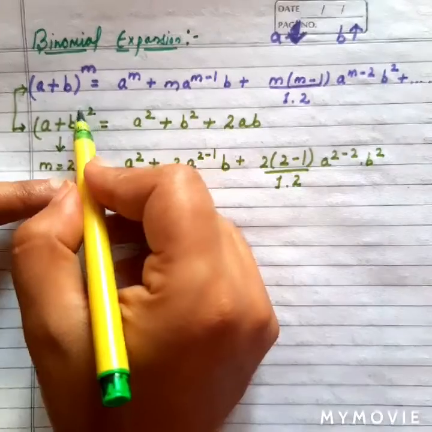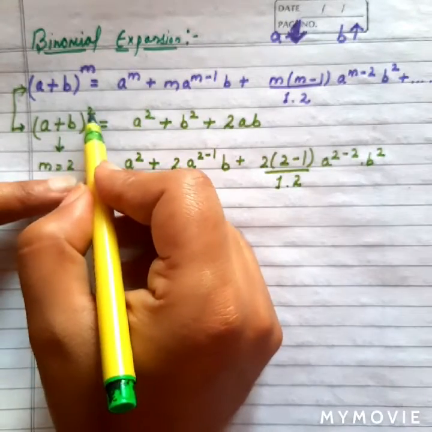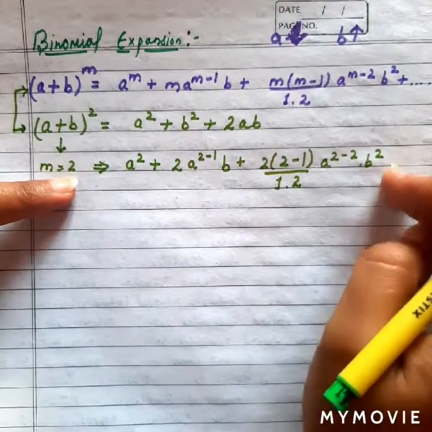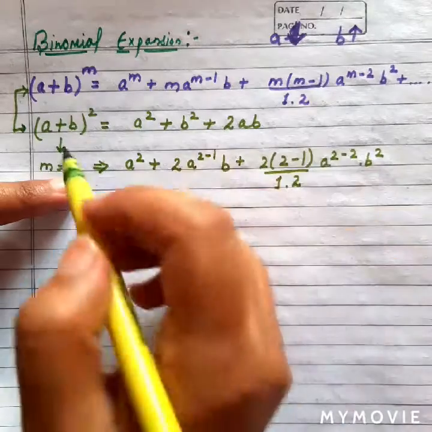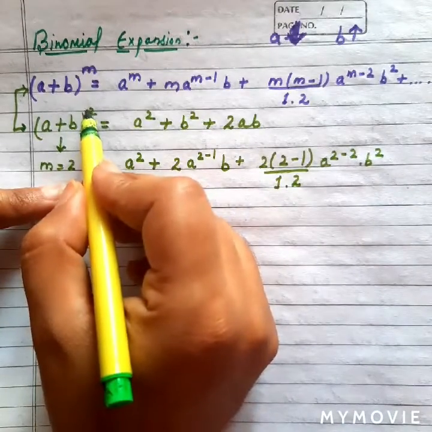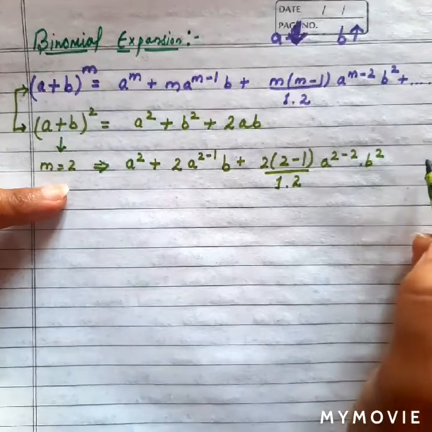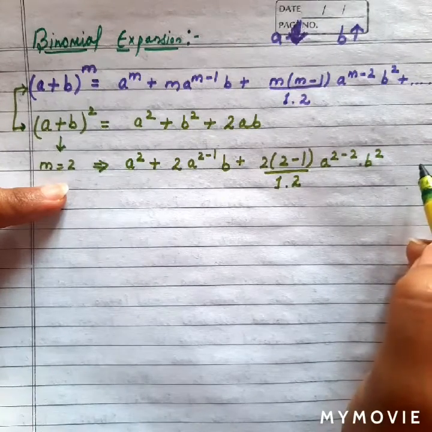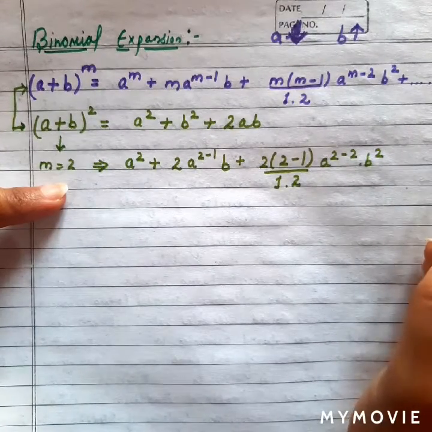Fine, because the power of (a + b) is 2, and we will not proceed more than this. If the power of (a + b) would be 3, then we would write one more term. If it would have been 4, then we would write one more term.